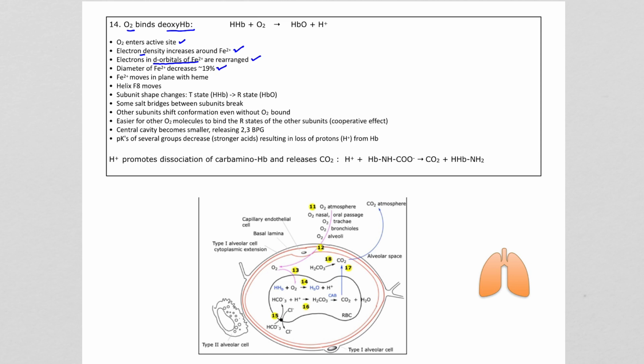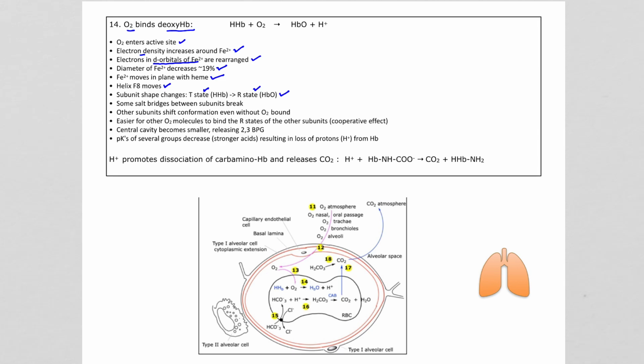The iron atom becomes smaller by about 19%. It moves into the plane of the heme, since this iron is connected to heme and heme is connected to the helix F8. The whole helix moves, and that causes a change in the shape of the hemoglobin from the T state to the R state.